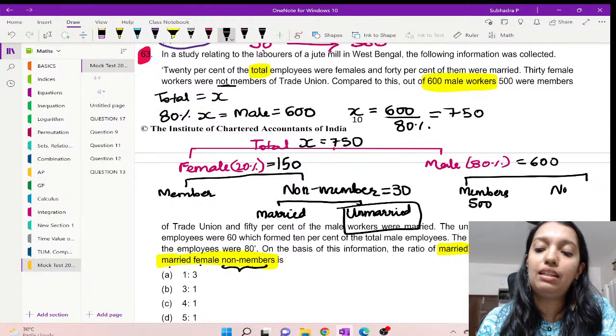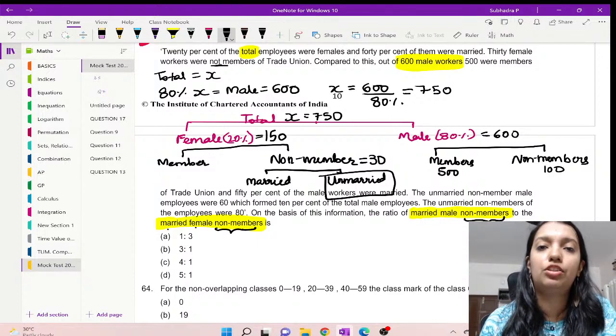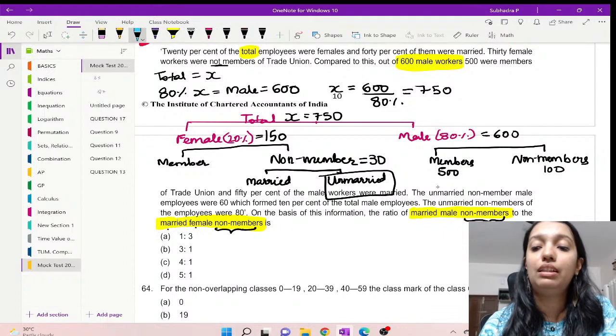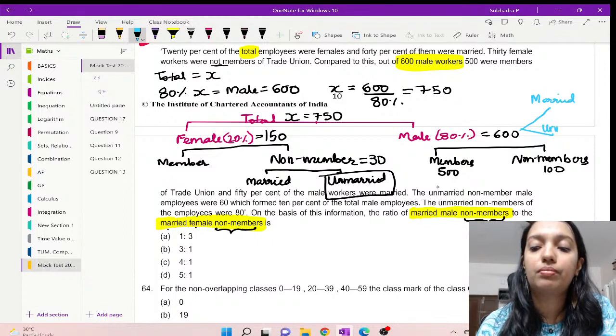So that means balancing figure, non-members are 100, because the total has to come down to 600. Next, 50% of the male members were married. So I can also divide this into categories of married and unmarried.